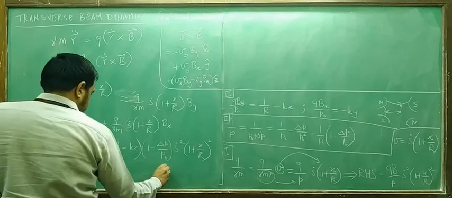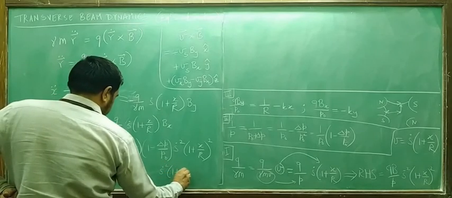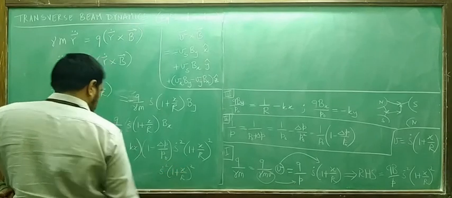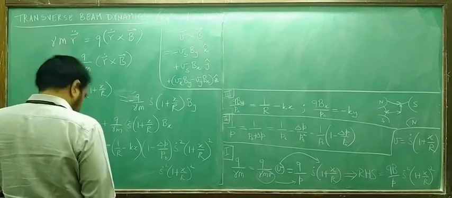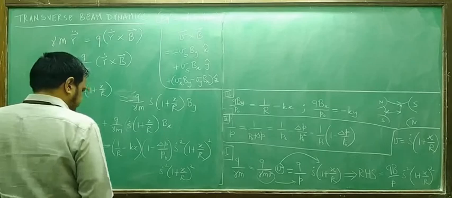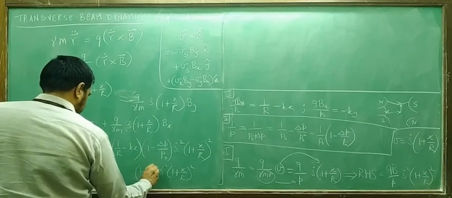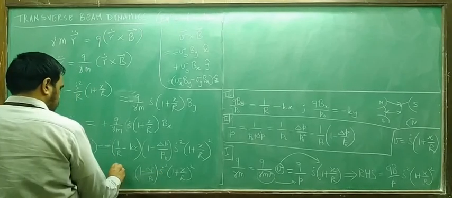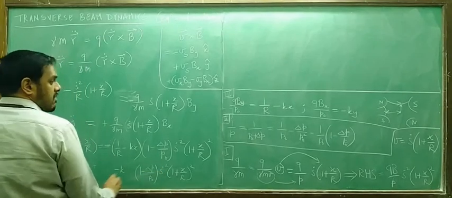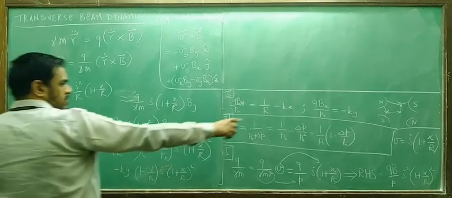same S dot square into 1 plus X by R the whole square into 1 minus delta P by P naught into minus K y from this list.